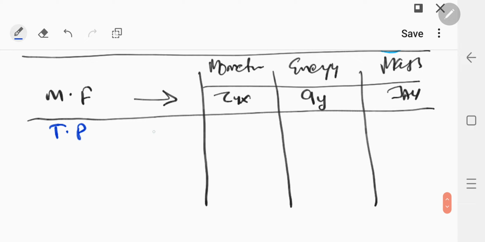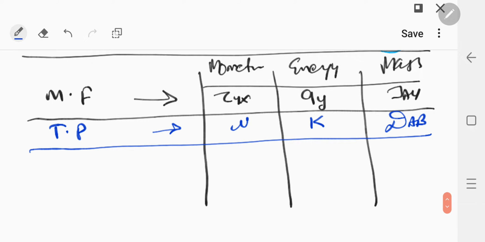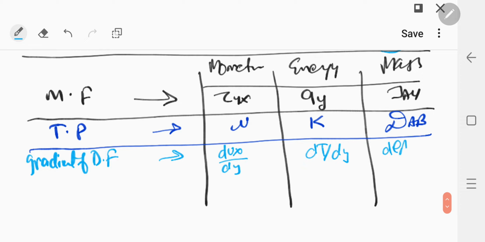Transport property: in momentum, it's viscosity; in energy, it's thermal conductivity; and in mass, it's the diffusion coefficient. Gradient of the driving force: it's dvx by dy, dT by dy, and d rho A by dy.